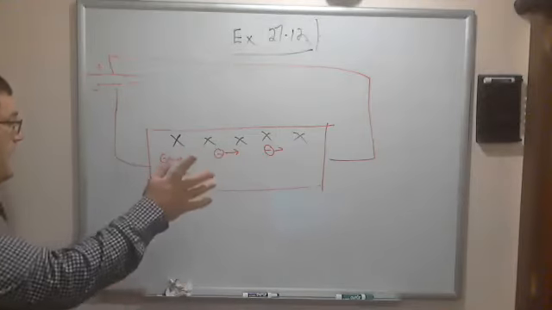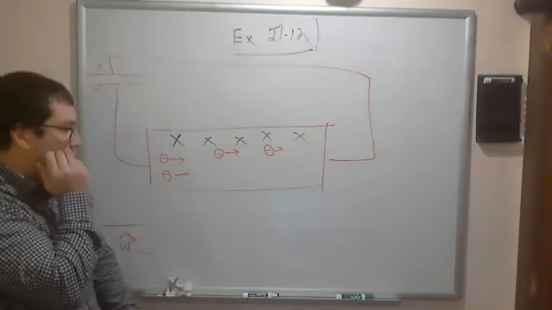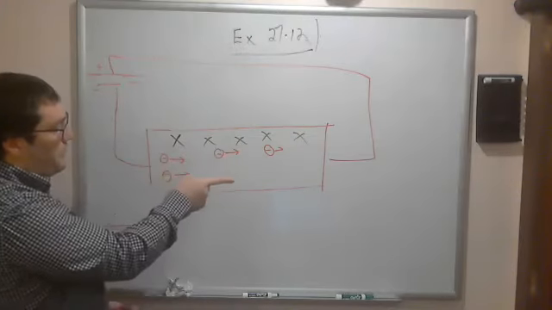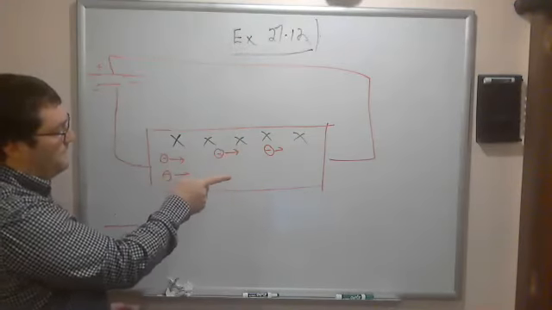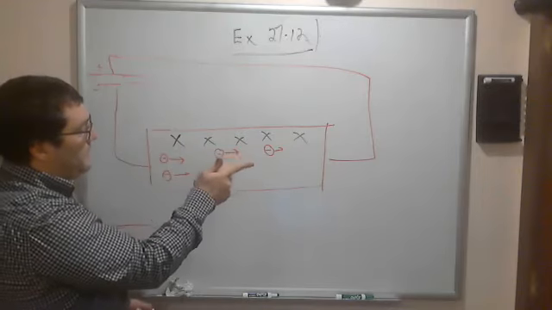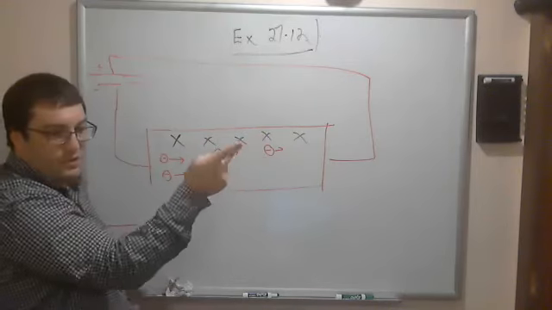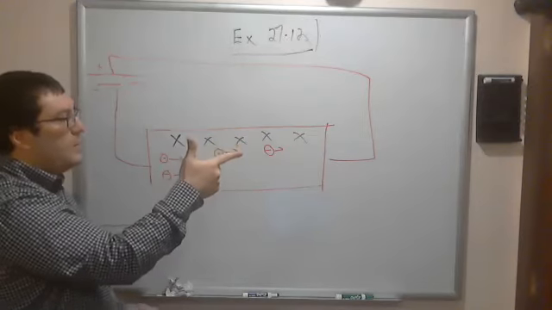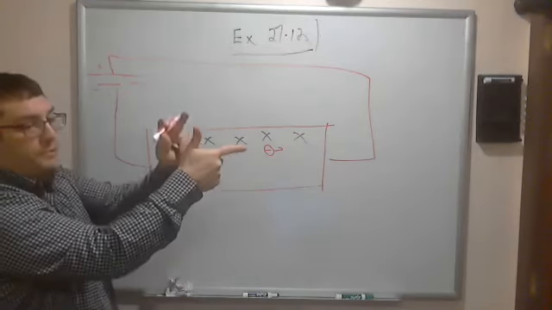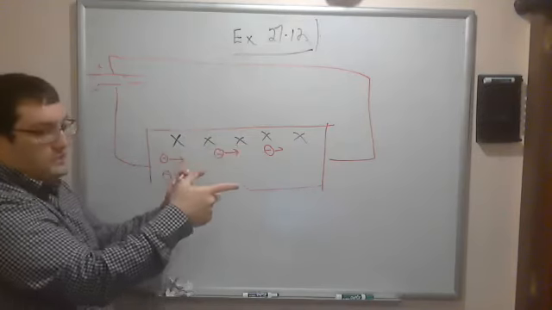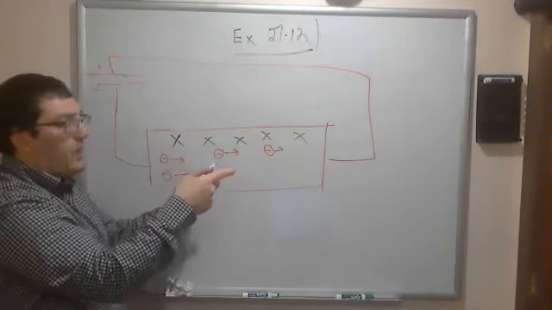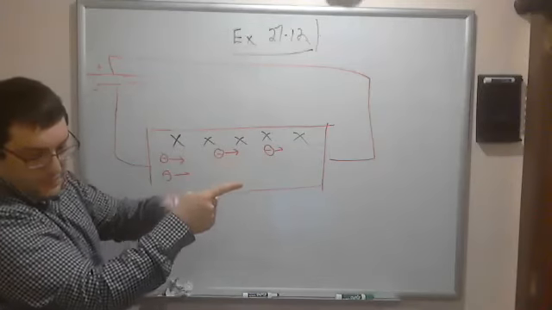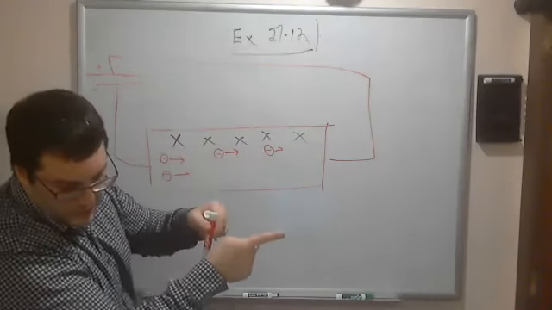Based on the right-hand rule, let's figure out which direction the force is in. The charge is moving this way, and the B field is into the page. For a positive charge, it would be up. But because these are negative electrons, the force is actually downward.